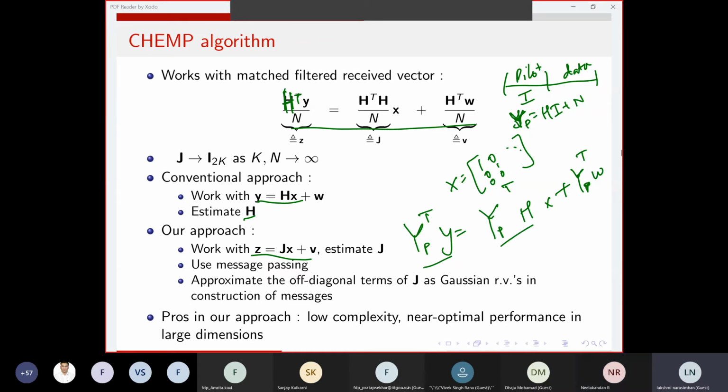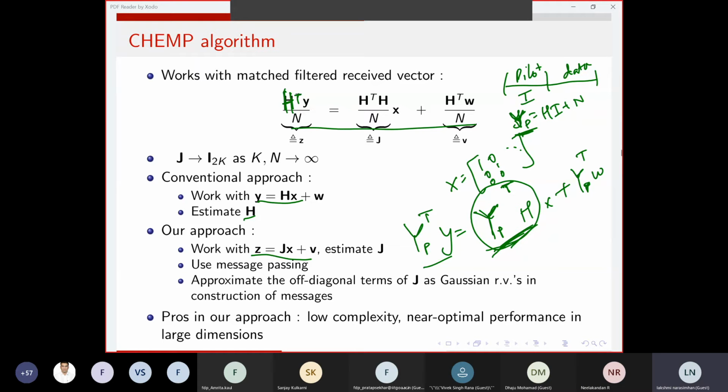In fact, it turns out that instead of estimating H, using this actually improves the performance, because Y_P transpose gives us a biased estimate of H. Typically when we estimate H, we'll have an unbiased estimator. I'm not going into the details, but if we analyze, Y_P transpose gives us a biased estimate of H, and that bias actually helps reduce the mean square error in the channel estimation.